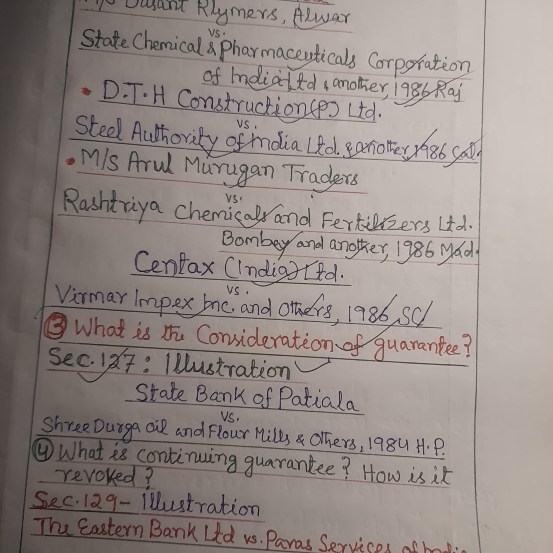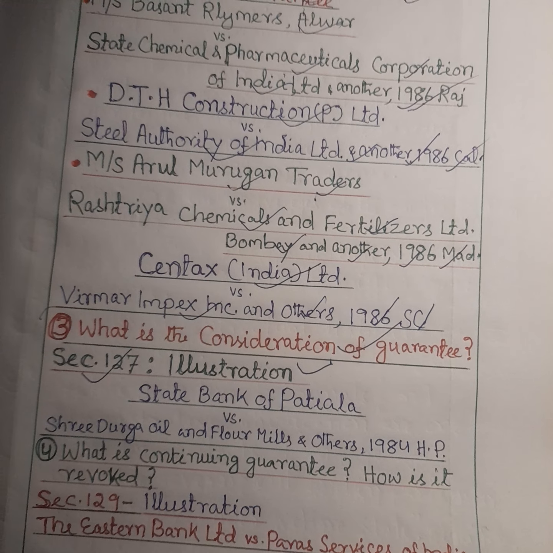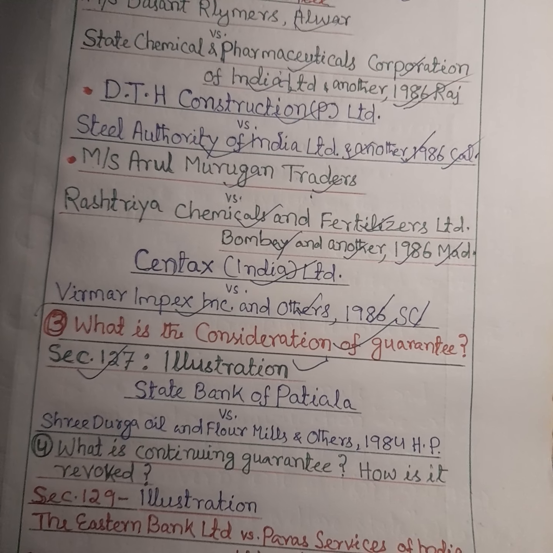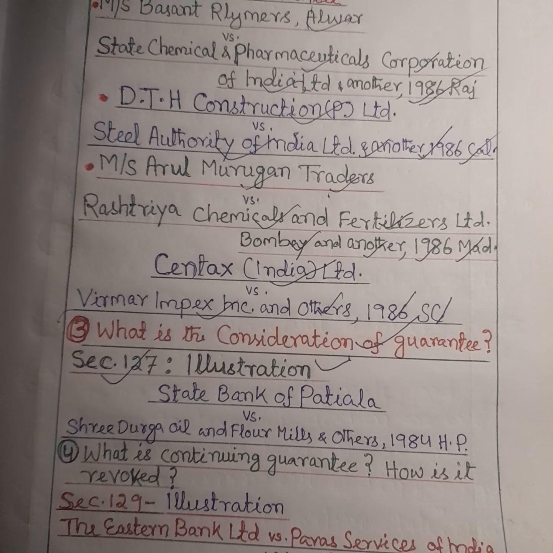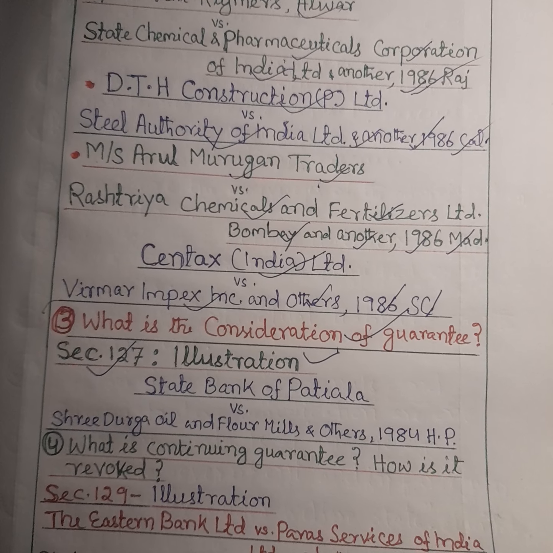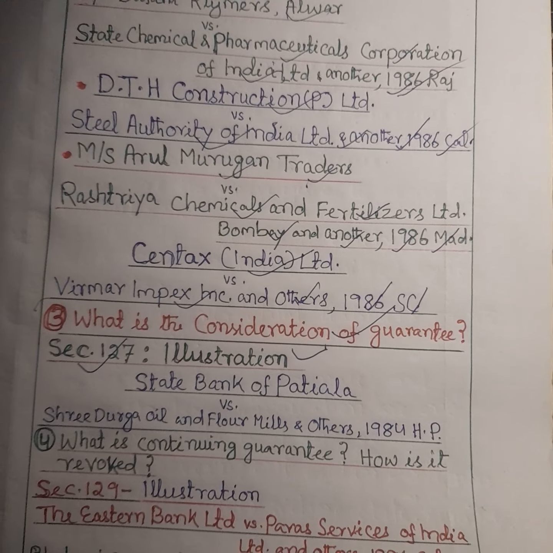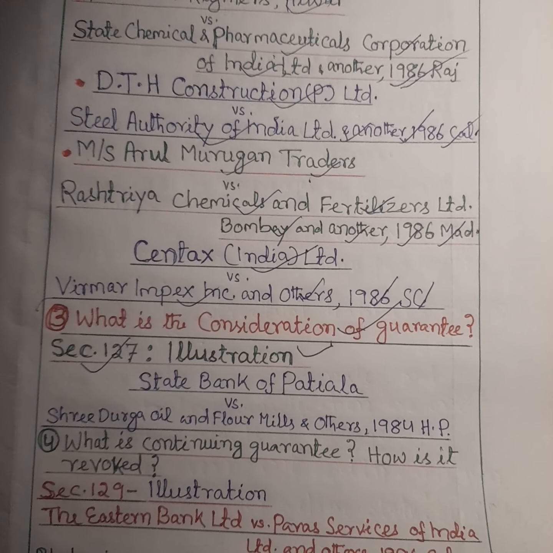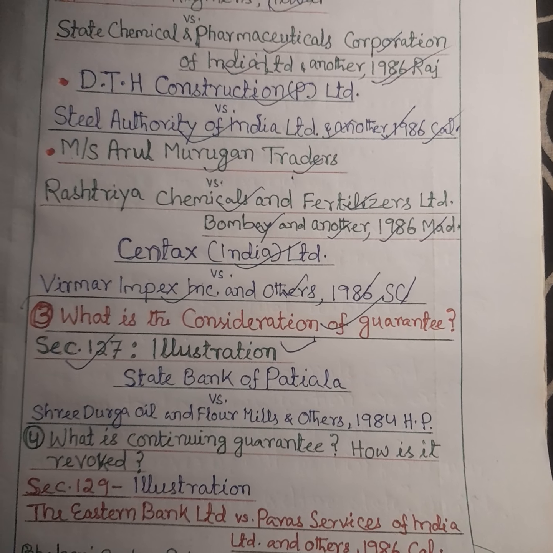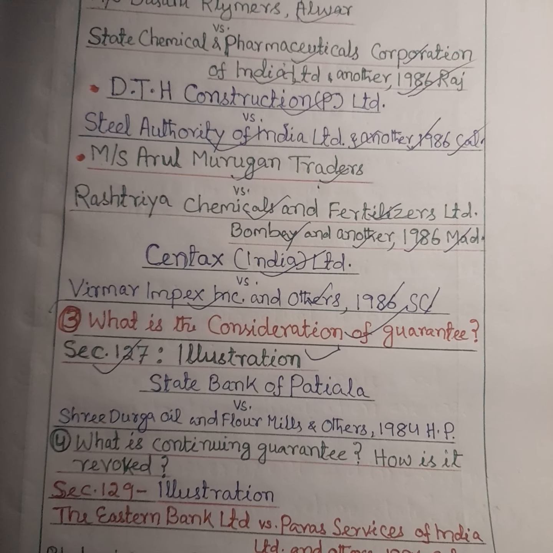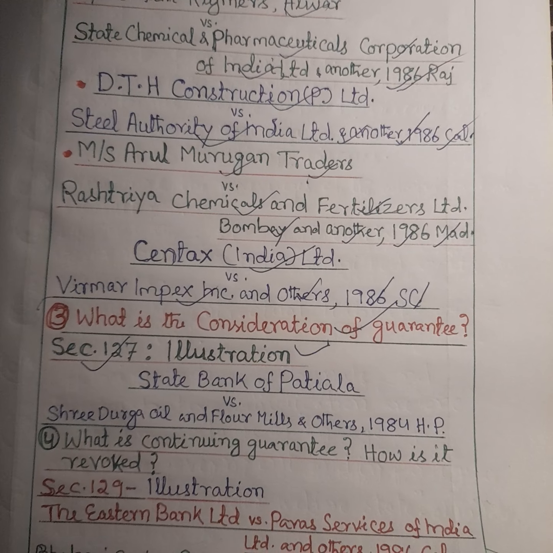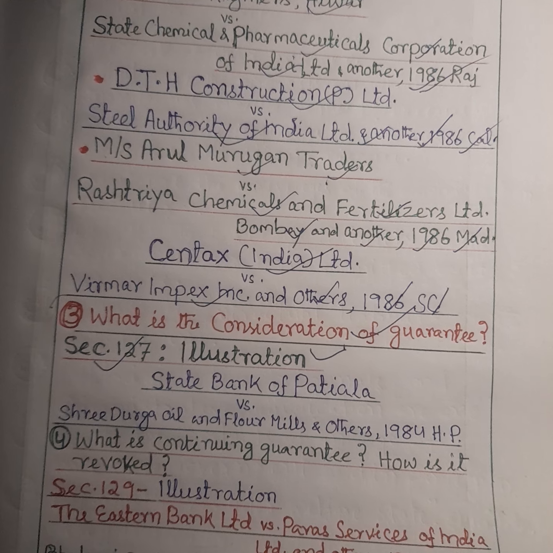C promises to guarantee the payment in consideration of A's promise to deliver the goods. This is sufficient consideration for C's promise.